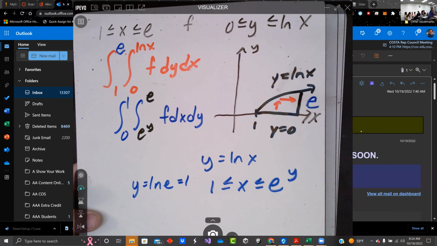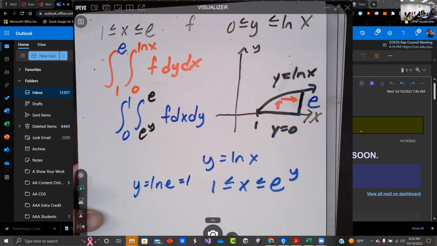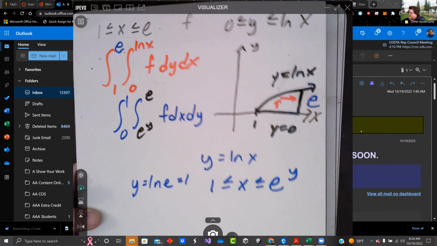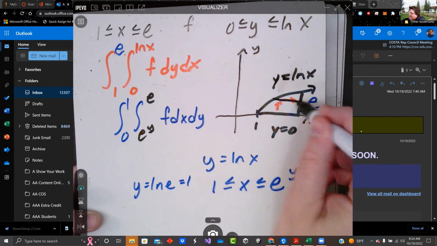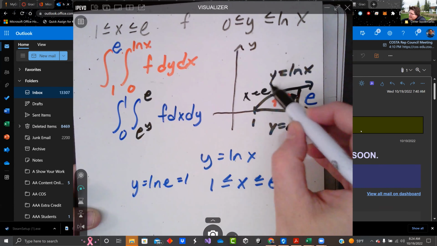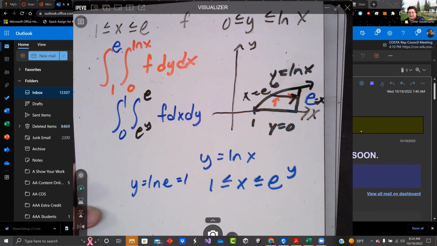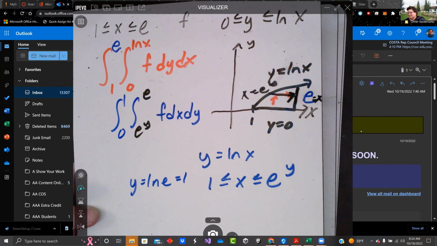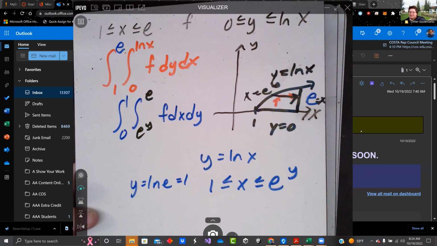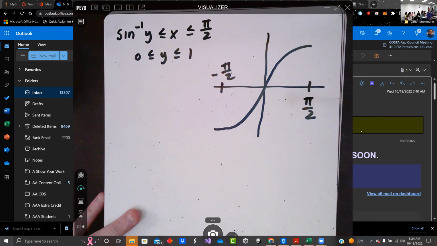Make sure you're starting from the curves. That's my bad, because we're starting at this line and we're going to that line. So that line is the x equals e to the y line, and this is the x equals e line. So I messed that up. My bad. I got hasty, trying to get to the fun stuff.